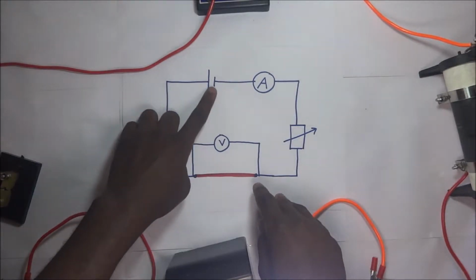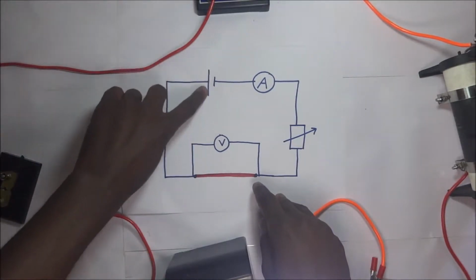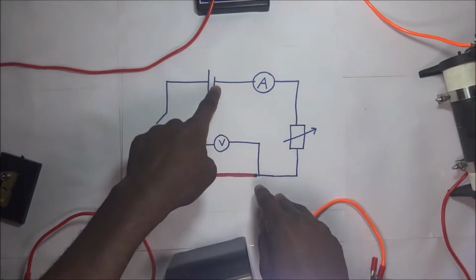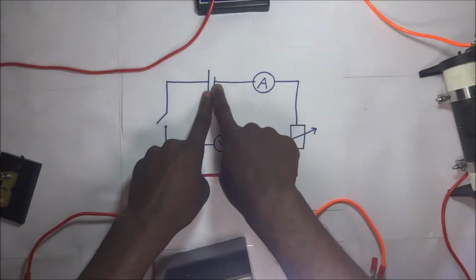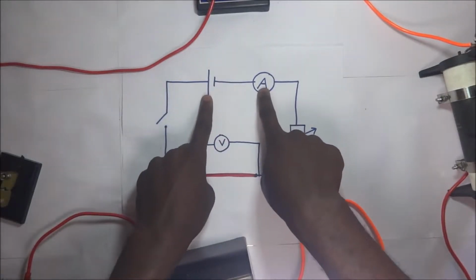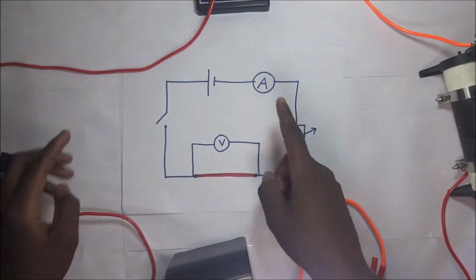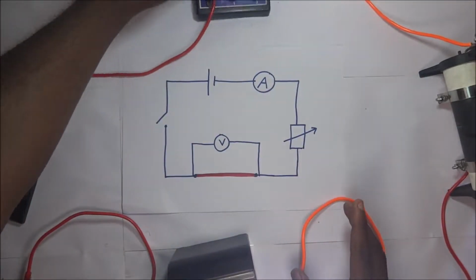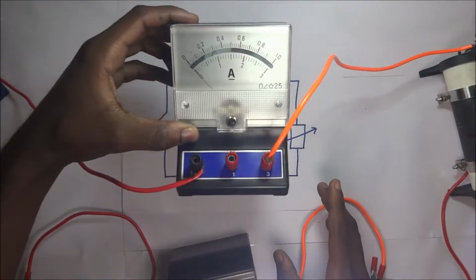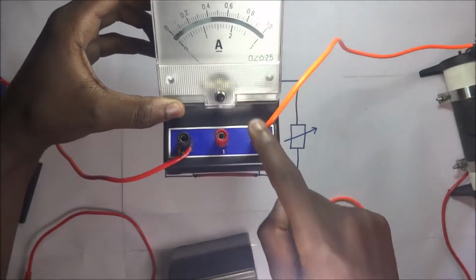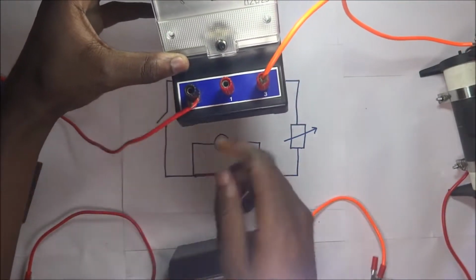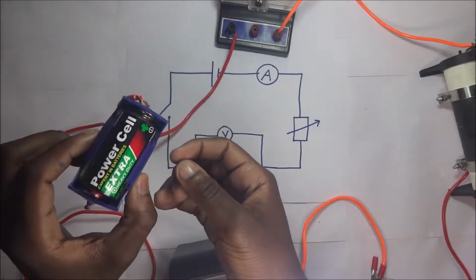If you look at this cell, this long end is the positive terminal, and this short one is the negative terminal. So we are going to connect the negative terminal to the ammeter. Looking at this, I had already connected the circuit. This is our ammeter right there, because of that A. And this is the dry cell we're talking about.